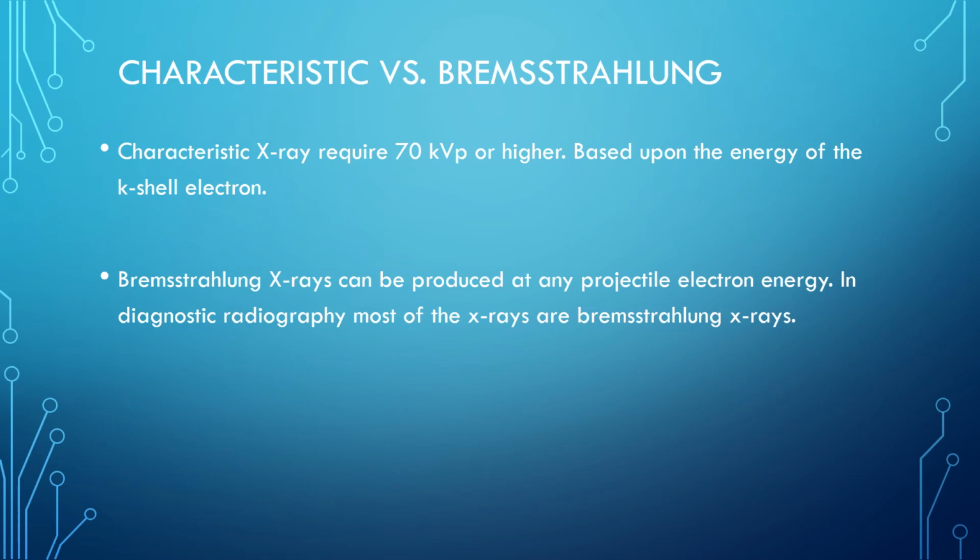Characteristic X-rays require a 70 kVp setting or higher based upon the energy of the K-shell electrons. Bremsstrahlung X-rays can be produced at any projectile electron energy. In diagnostic radiography, most of the X-rays are Bremsstrahlung.